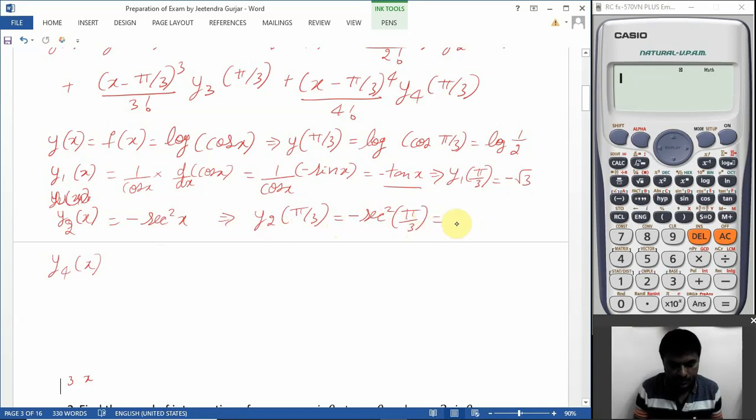So please remember, what is sec pi by 3? Sec pi by 3 is 2. So how you will put it in this calculator? So just see, 1 divided by cos, it is shift pi divided by 3.